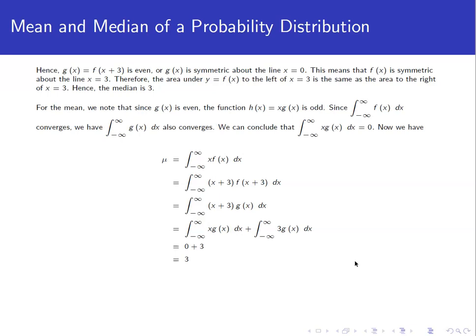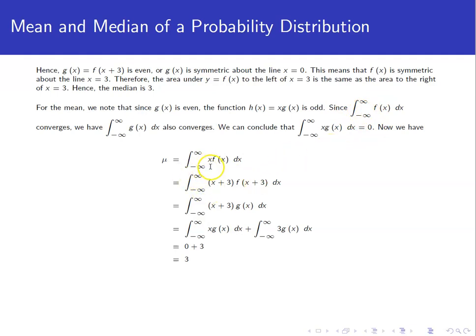All we did was shift everything over 3 units to the left, so that integral of g of x would also converge. Since it converges and we have an odd function that we're integrating over a symmetric interval about the origin, we know that we get 0. And that's going to help us get what the mean is.